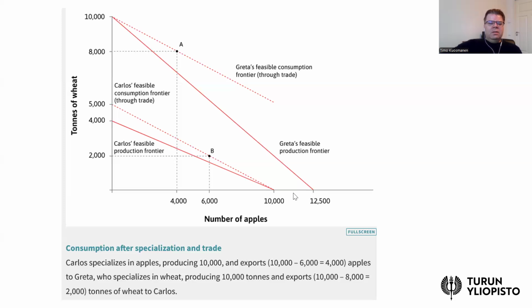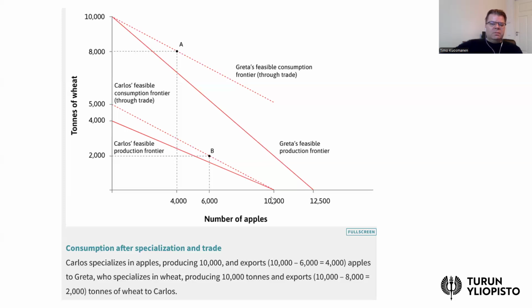Notice that the gap in apple production in favor of Greta is not as large as the gap in wheat production. So if we consider wheat, then with the same labor, Greta could produce 10,000 units, whereas Carlos can only achieve 4,000 units. So only 40% of Greta's output.